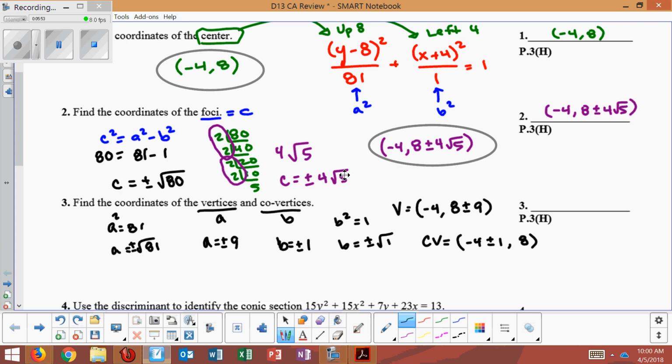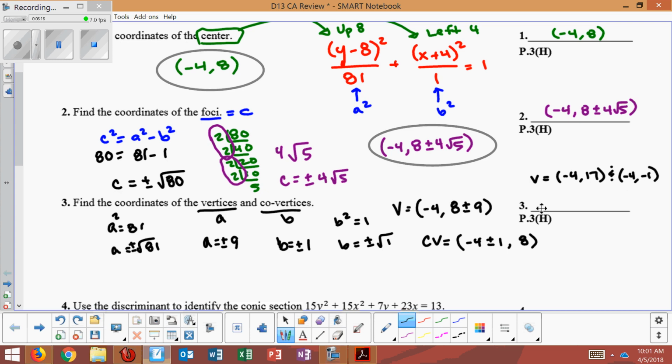So notice how these work. The vertices would add with the y, because that's the bigger number. The co-vertices would add with the x. So my actual answers, I'll solve out since they're easy numbers. 8 plus 9 is 17, and the other would be negative 4, 8 minus 9 is negative 1.